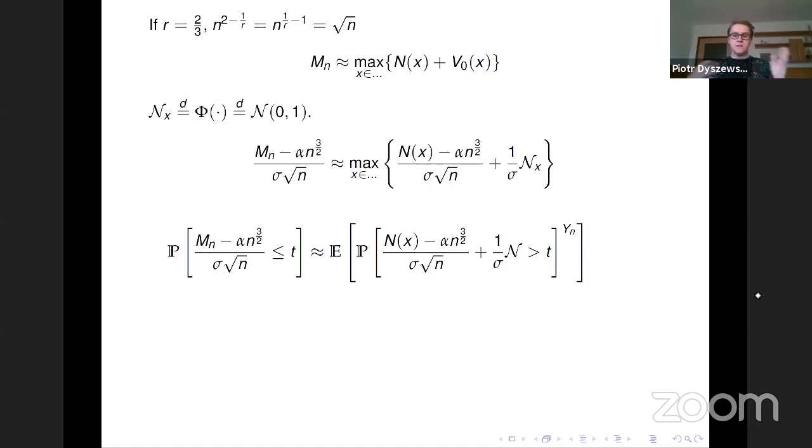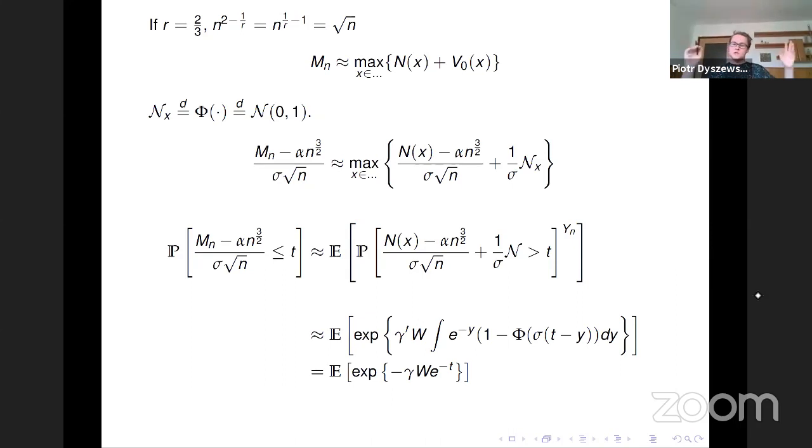But still, this is something which is manageable. So you do the exact same computations that we did for the maxima. The only thing is that this Gaussian shift transfers to this integral, and this big displacement transfers to this e to the minus e, pardon, and then the Gaussian random variable transfers to this Gaussian term.